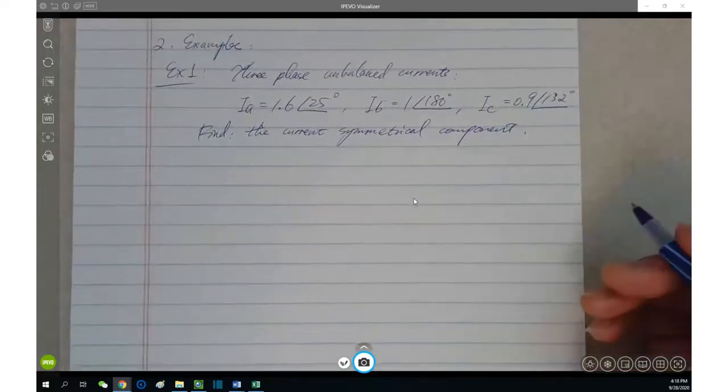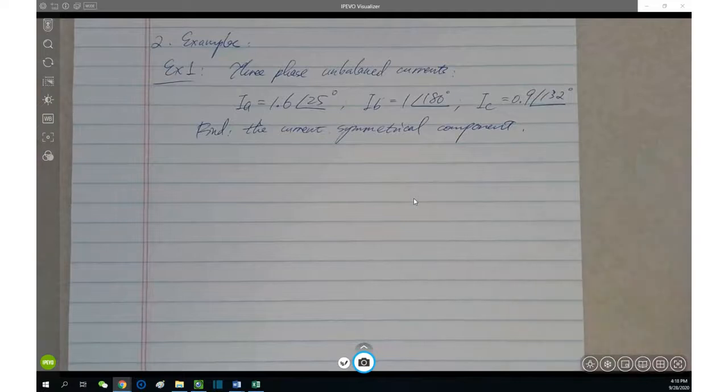I don't think I need to provide any further help. I'll just give you guys 5 minutes. It's kind of an exercise for you to do the phasor calculation. So go ahead, find the current symmetrical component.